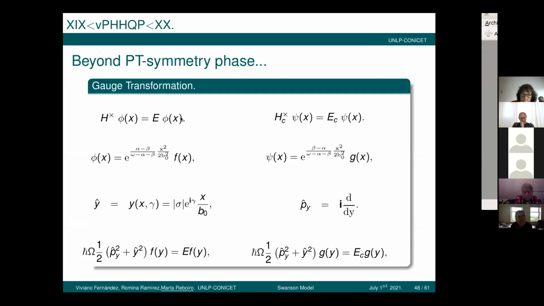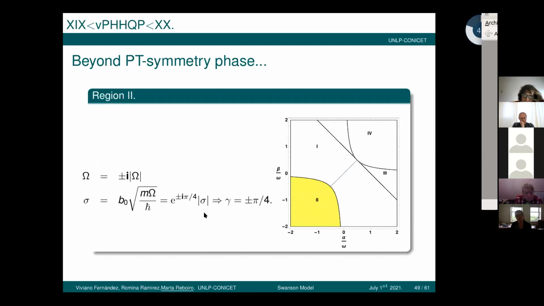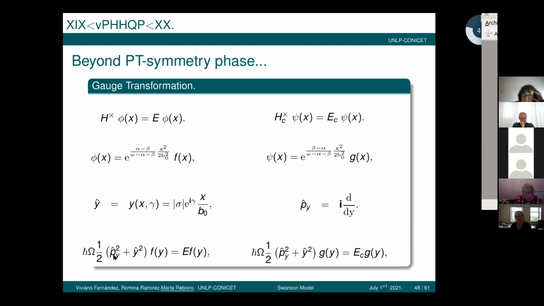We introduce two gauge transformations where the only difference between them is the interchange of alpha and beta, and we can map this Hamiltonian to this form, and we can do the same for the adjoint Hamiltonian.